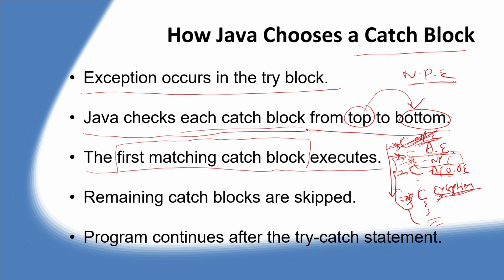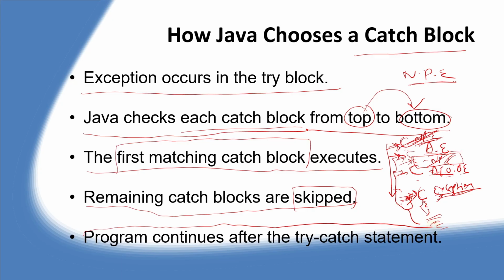And if we have not provided this one, then this catch block will execute. Whichever catch block matches first, that catch block will execute. And the remaining catch blocks are skipped. Those catch blocks will not get executed. After that, the remaining lines of code will get executed. That means the program continues after the try catch statement.